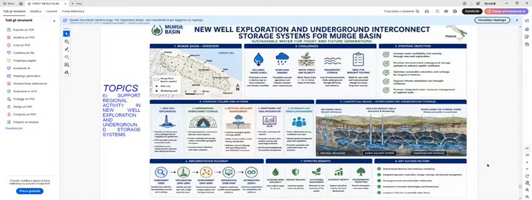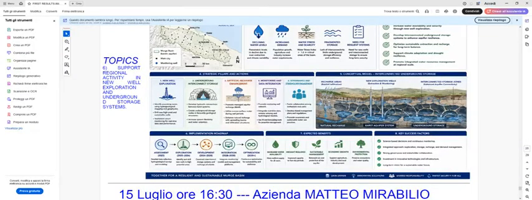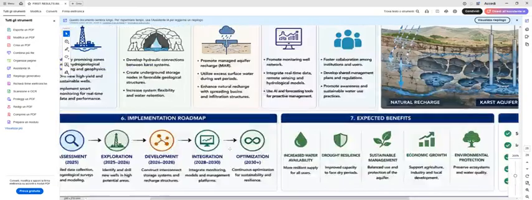And so finally to have a clear governance of the fresh water resource.